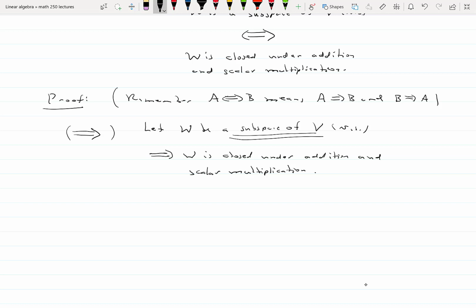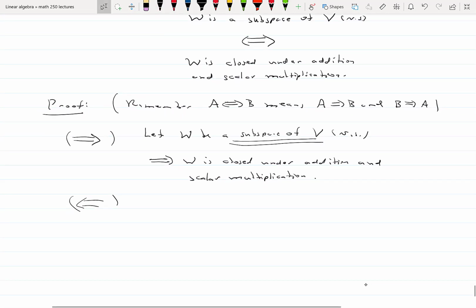Since W is a vector space, all 8 properties hold true. And since the operations of addition and scalar multiplication are defined on all of W, there's no place for sums and scalar multiplications to go to and back into the set. Okay, so we automatically get, this is not the exciting part of the theorem, we already automatically get the forward direction. The reverse direction is where we have a potential problem.